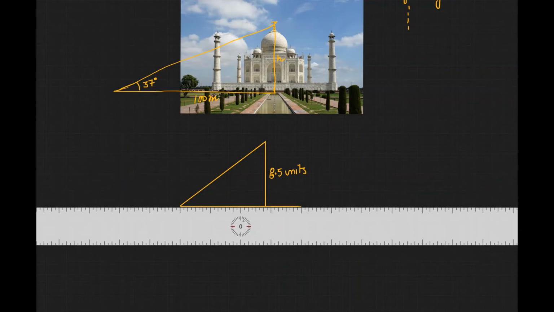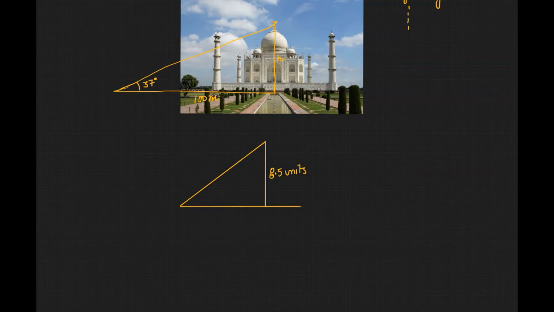It just needs to be an approximate measurement. 1, 2, 3, 4, 5, 6, 7, 8, 9, 10, 11, 11.5. So that's about 11.5 units, and this angle is 37 degrees.